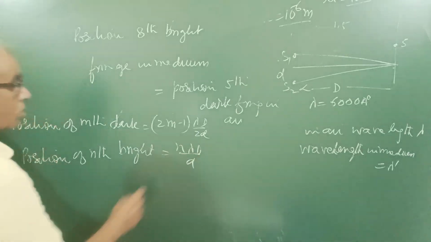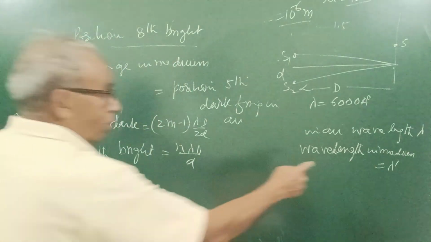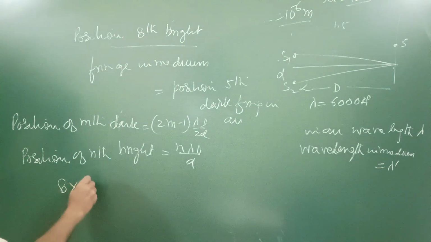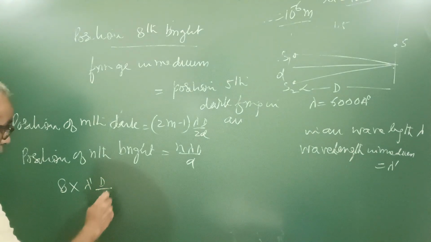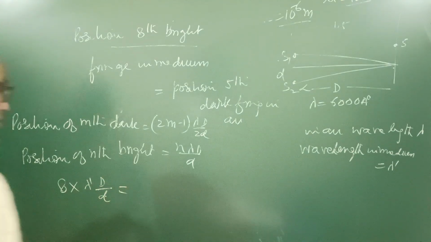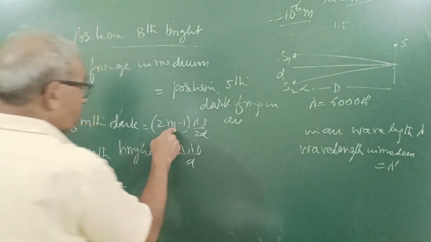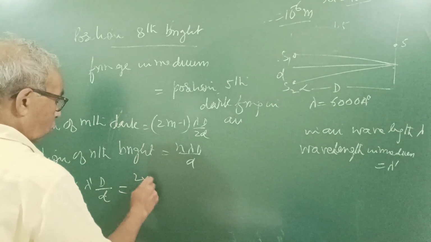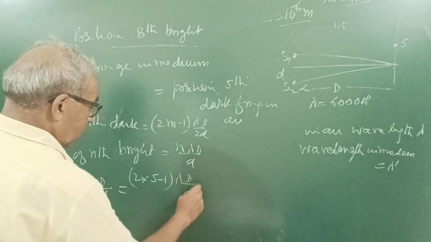So for the eighth bright fringe in the medium with wavelength lambda dash, 8 lambda dash D upon small d is equal to the position of the fifth dark fringe; put m equal to 5, (2 into 5 minus 1) lambda D upon 2d.